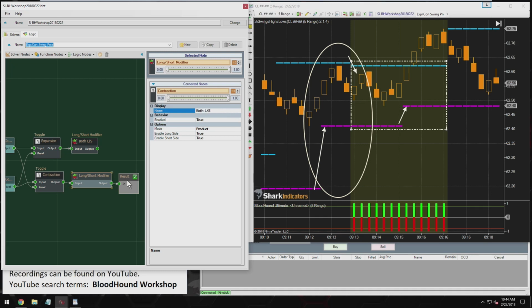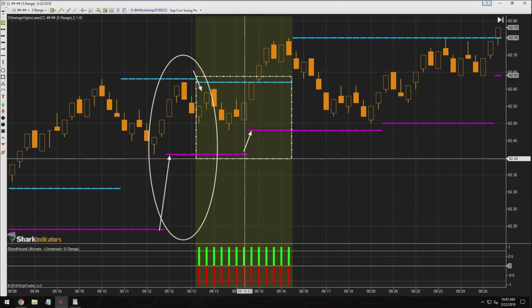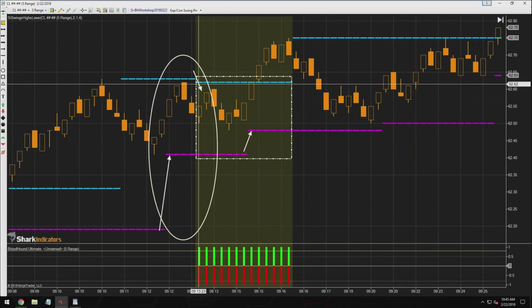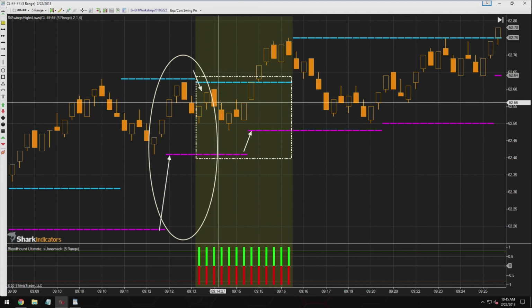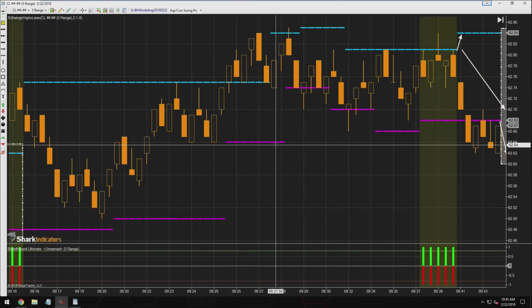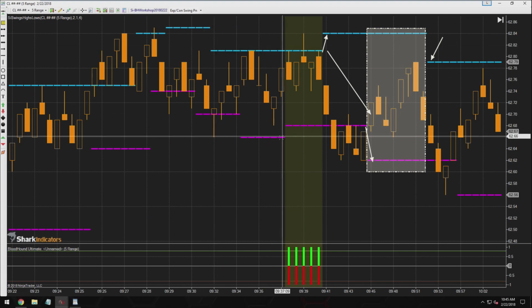There we go. All right, so we have matching names between the two solvers, and let's take a look at the chart. So there we go. There is our area of contraction in price action. So we had the swing highs contracting and the swing lows.